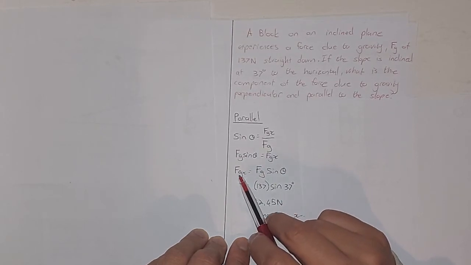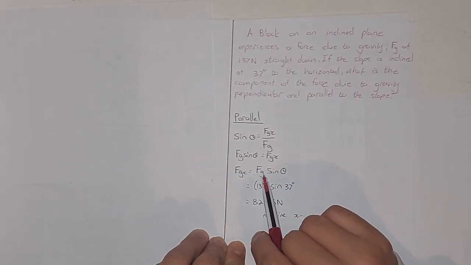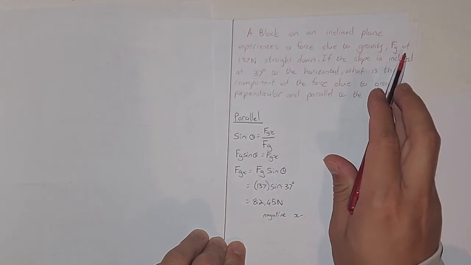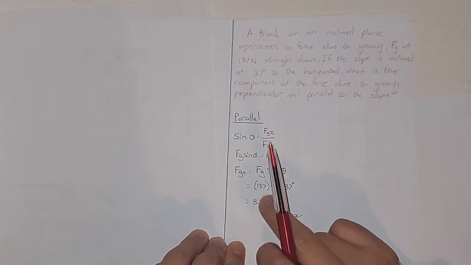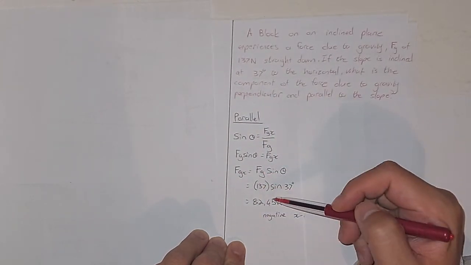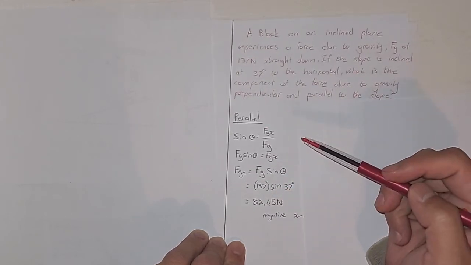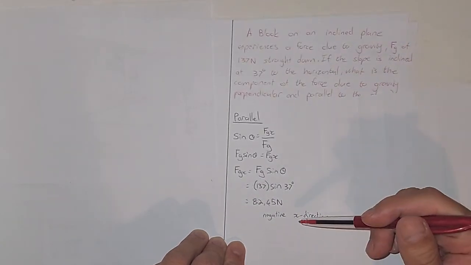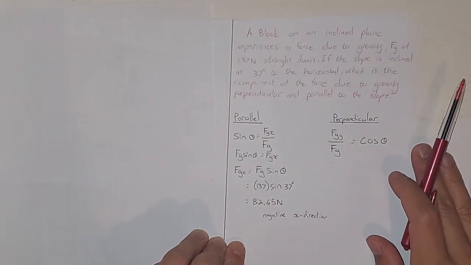So now I've got my FGX. I've just rearranged it again just so it looks better. FGX is equal to FG sine theta. Do I have a value for FG? Yes, I do. Fg of 137, so I put my value for 137. If I didn't have this, you know that we could substitute Fg with mass times gravity. And sine 37, yes, because I've got 37 over there. And there you go, 82.45 newtons. And we know this is parallel, so it is negative in the x direction. So it's going in the opposite direction to my x.